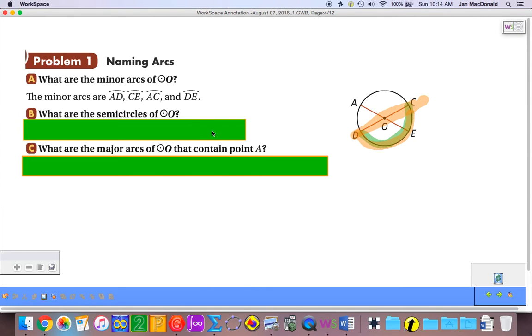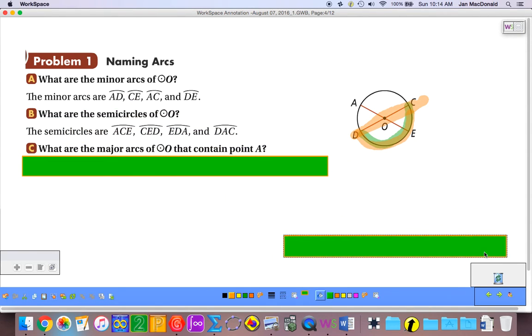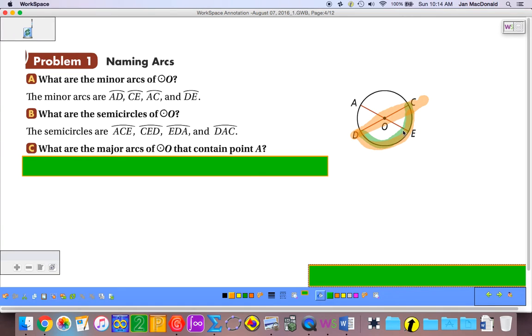So let's name the semicircles. Let's see. We have ACE. Yep. We have CED. EDA, let's show you EDA.